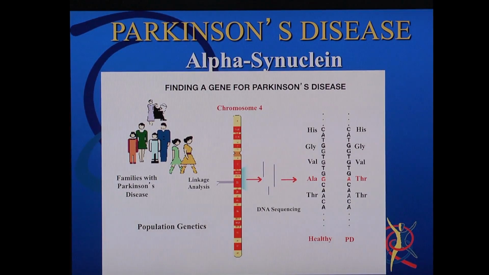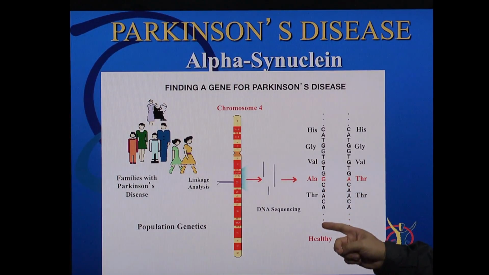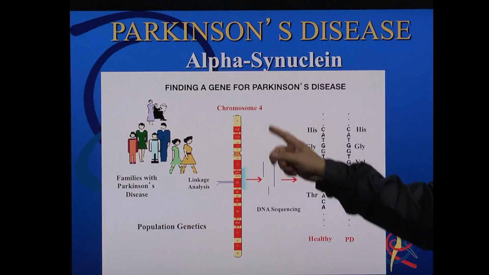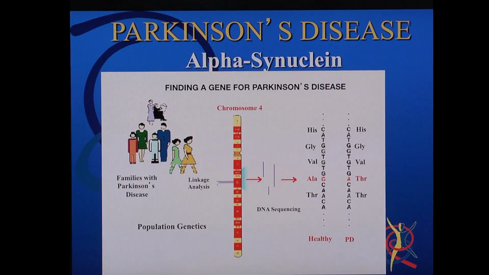And a long time ago, the problem was identified. There was a mutation in chromosome 4, and after sequencing and investigating the pedigrees in the family, the alpha-synuclein gene was identified.